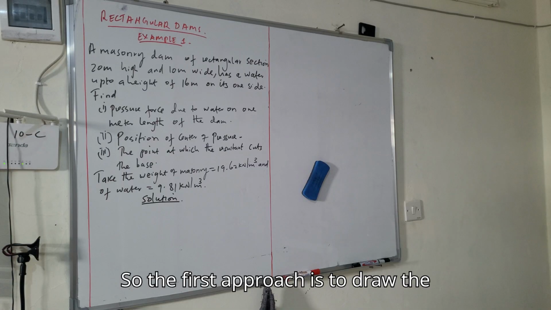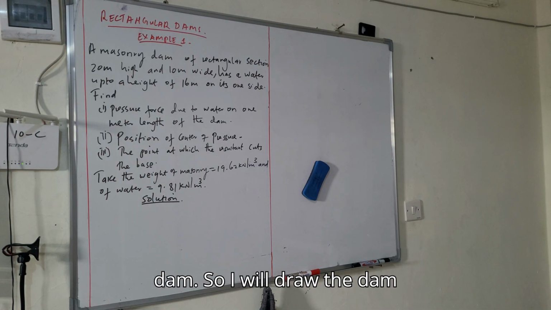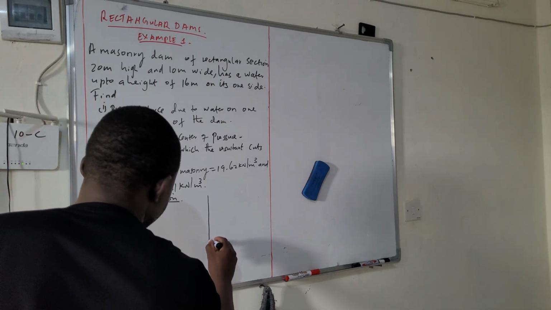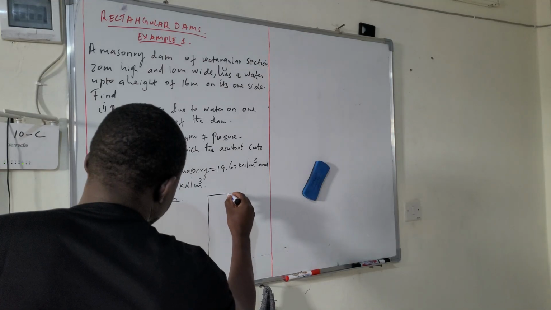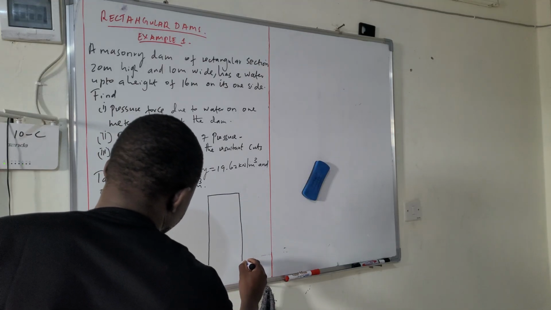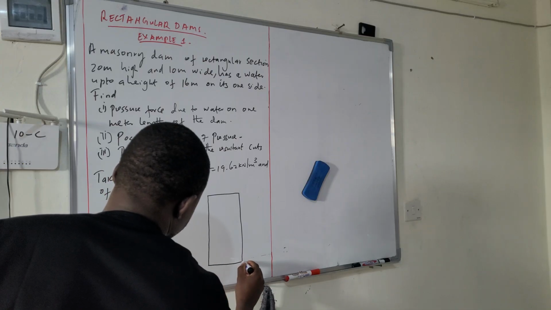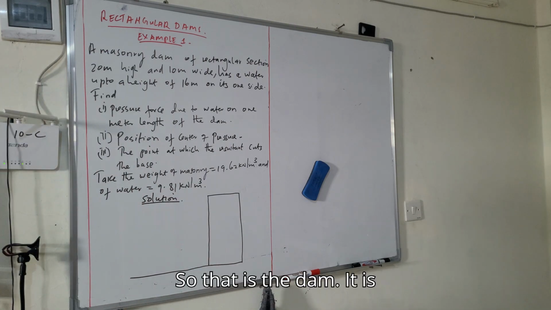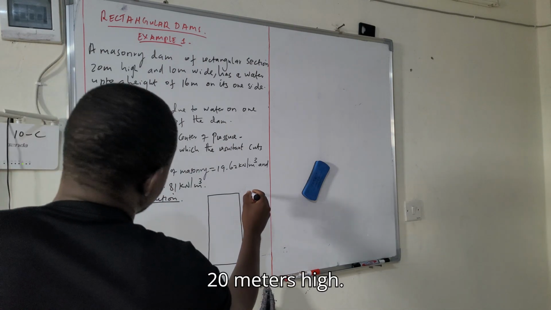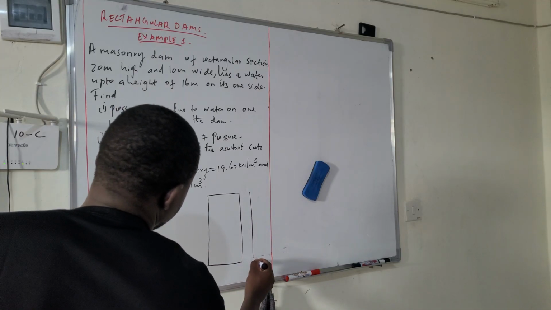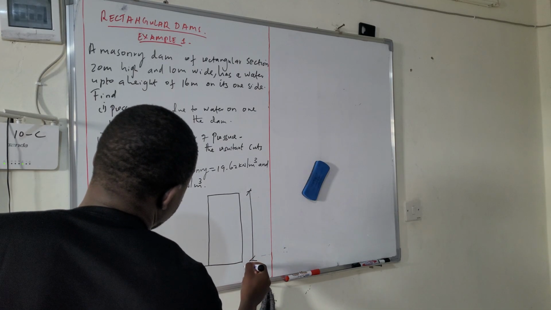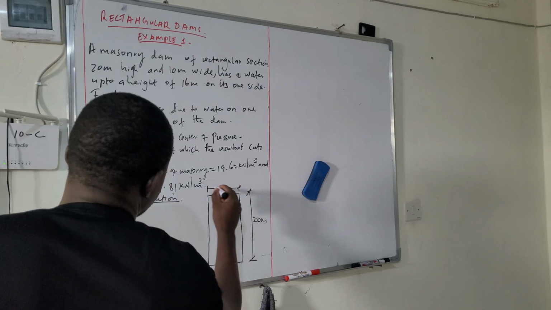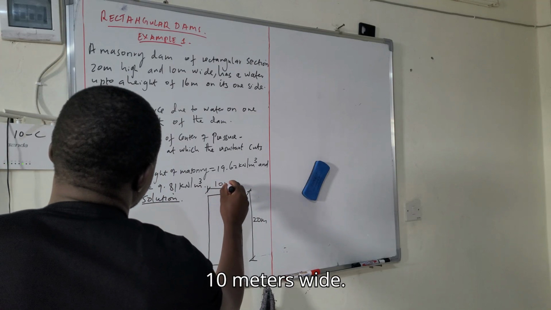So the first approach is to draw the dam. So I will draw the dam here. So that is the dam. It is 20 meters high, so this is 20 meters, and 10 meters wide.